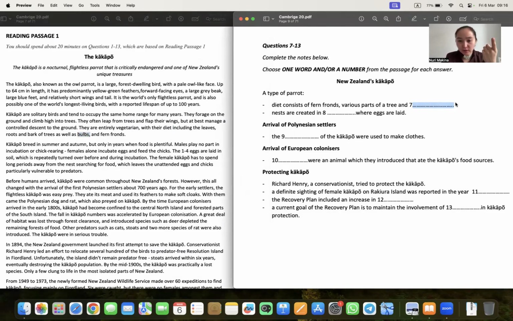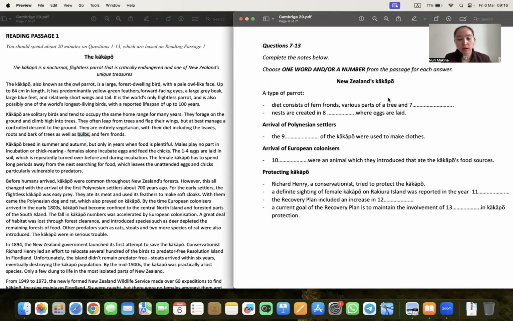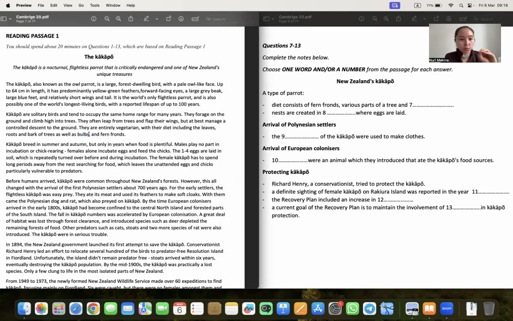One word, does it suit? Yes, this suits our requirement. Don't forget to write the S ending, the plural form of the word bulb, because it's important. Whenever you write it without S, a singular form, it's going to be a different word, so it might hurt your score. So please write down a plural form.